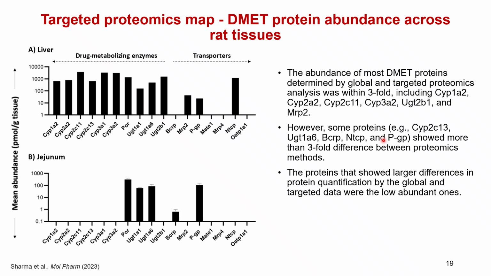These DMETs include the CYP enzymes, UGTs, as well as transporters like MRP2. However, some proteins like CYP2C13, the BCRP transporter, NTCP, and PGP transporter showed more than threefold difference between the targeted and the untargeted or global proteomics methods. The proteins that showed larger differences were mostly the low abundant proteins.